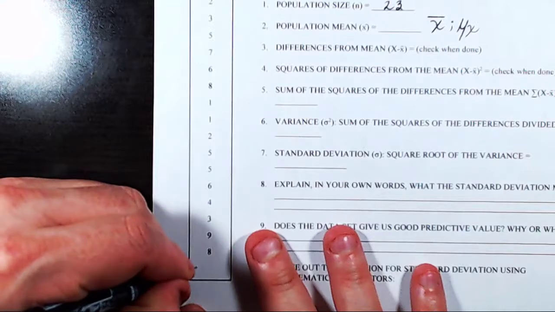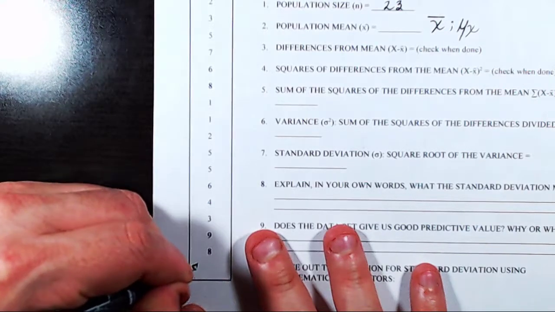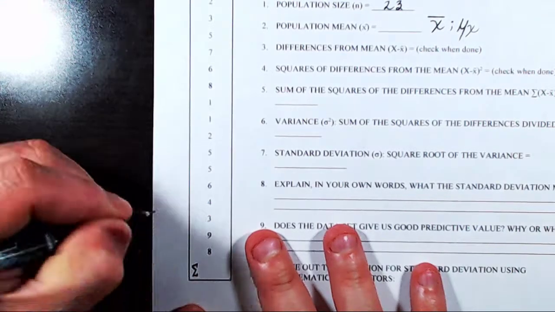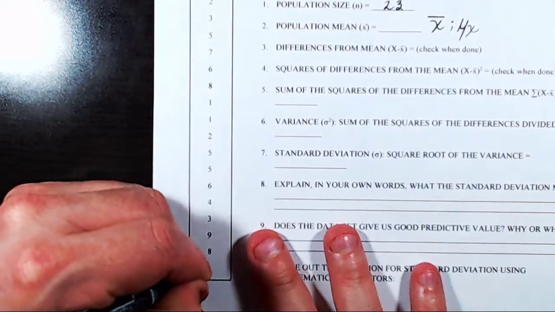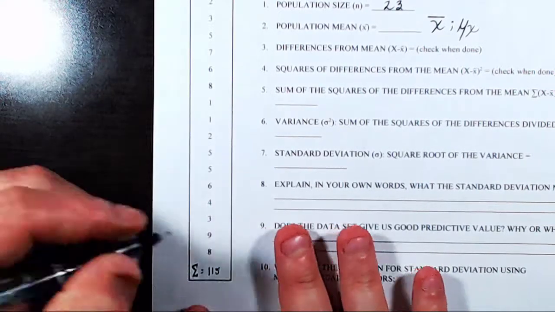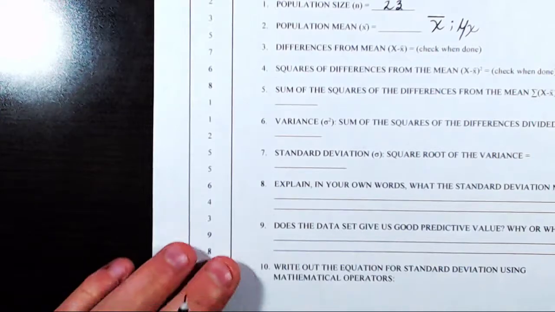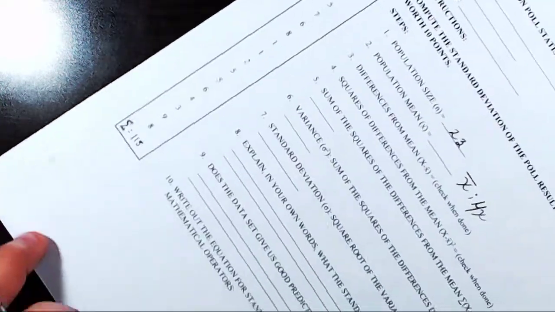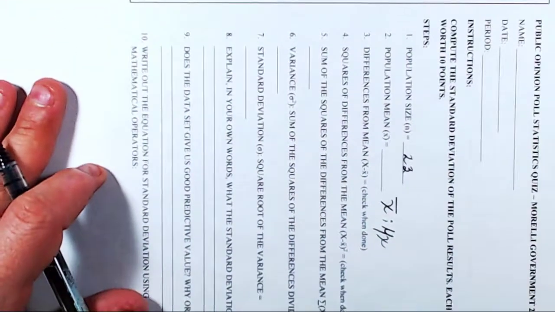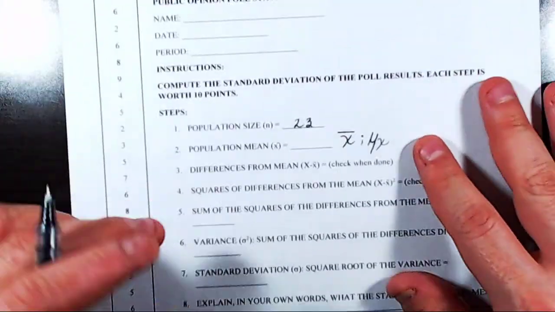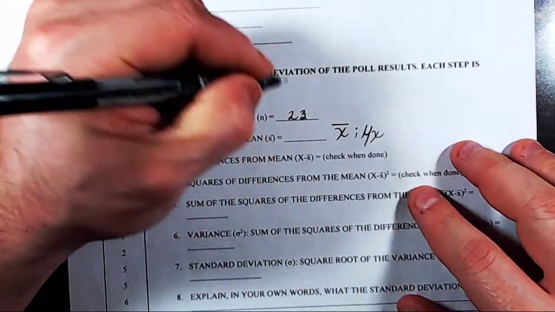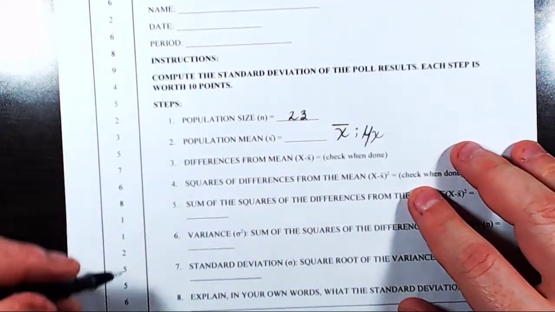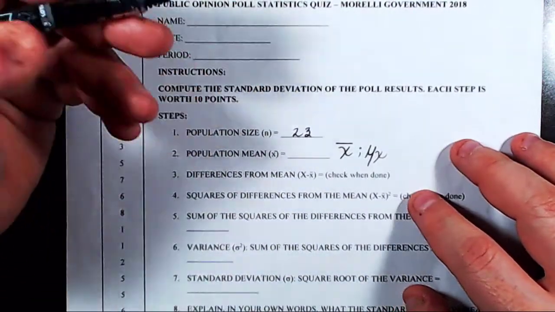We'll put down here uppercase sigma, which means sum, equals 115. We don't need that really, but we'll keep it there in case we forget or our calculator dies on us or we have to come back to the problem later. Now the population mean is equal to the sum of the answers given divided by n.